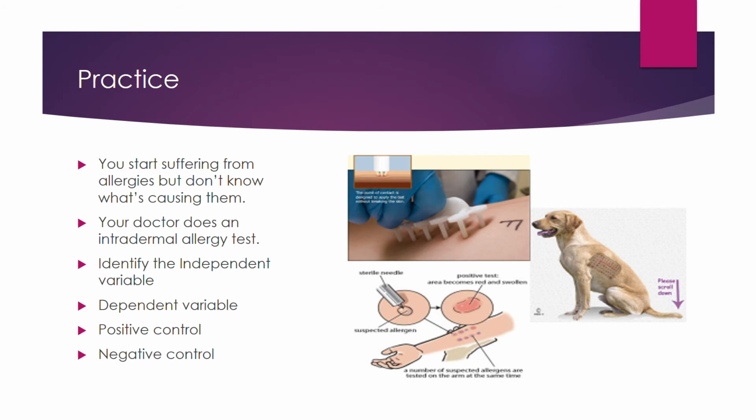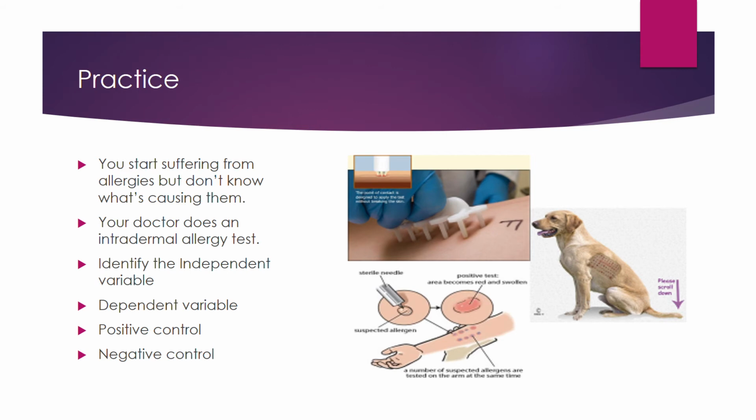If it does, you might not be allergic to each of the allergens at the tip of the needle. You might just be allergic to the metal. If you know somebody that has a cheap jewelry allergy or something, you know that there are allergies to metal, and that's a possibility too. So we need to know if that's the case. So this is a really good example of why positive and negative controls are so important.